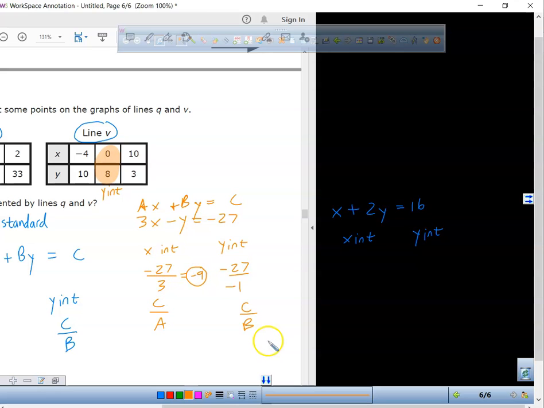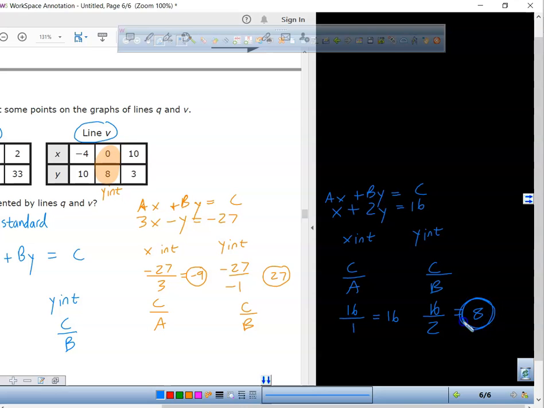Boom. Okay? Over here, this is a positive 27. What's my c value for this one? 16 over 1. So my x-intercept is at 16.